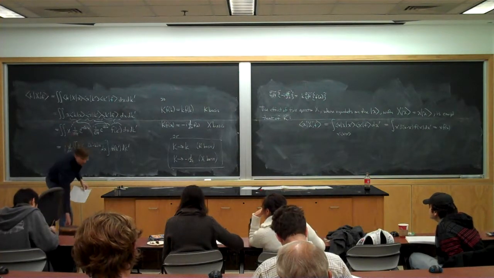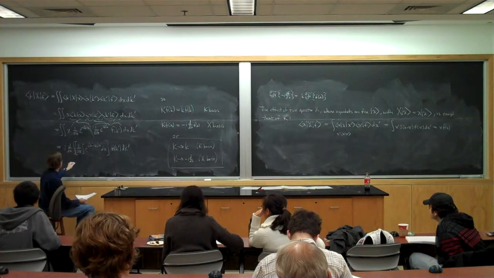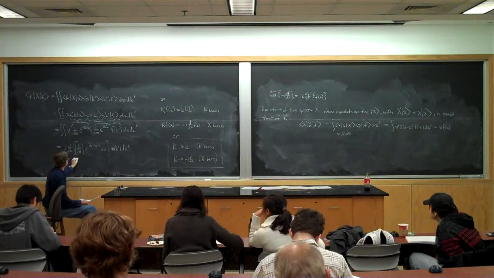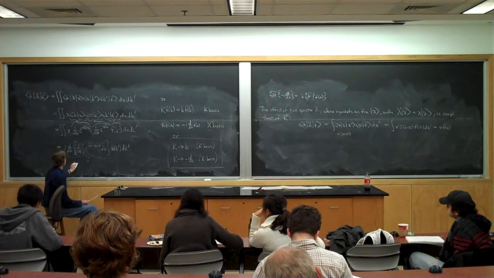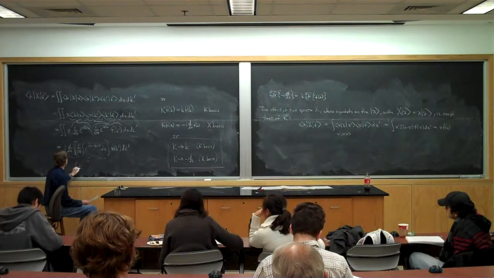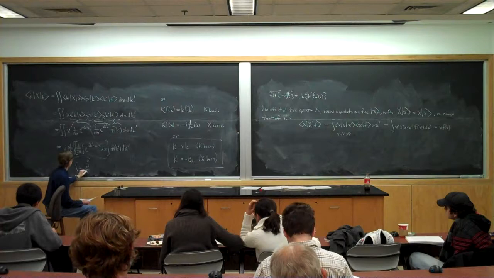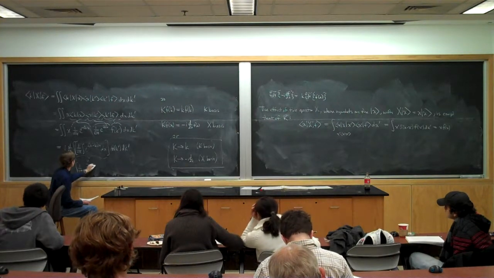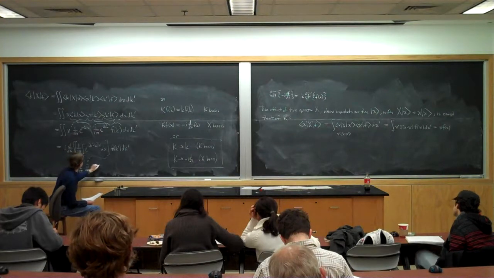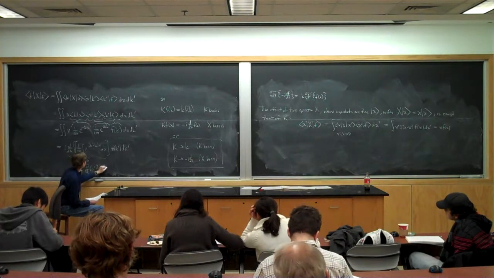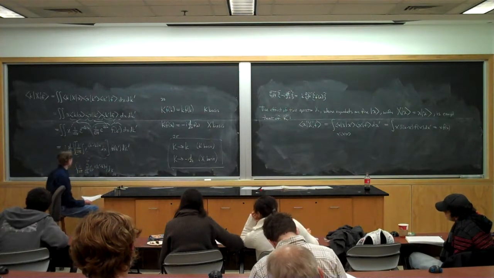times i. Because notice that this integral is equal to 1 over 2 pi derivative with respect to k of e to the i (k prime minus k) x dx.